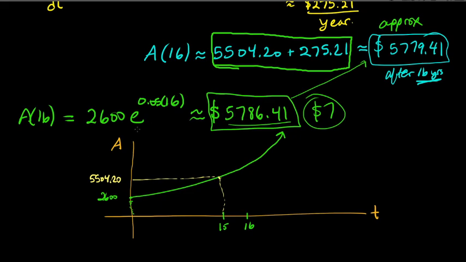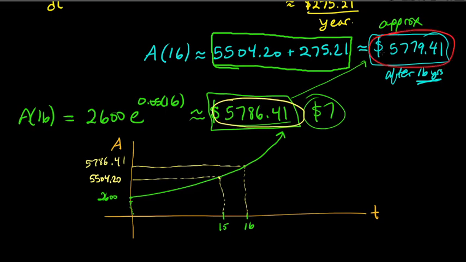All right. So this amount right here is what you get when you plug in 16. So let's do that way over here. You get 57.86 and 41 cents, right? Okay. So where did I get this amount? Oh, I'm sorry, I didn't want to use blue here. I'll use red.